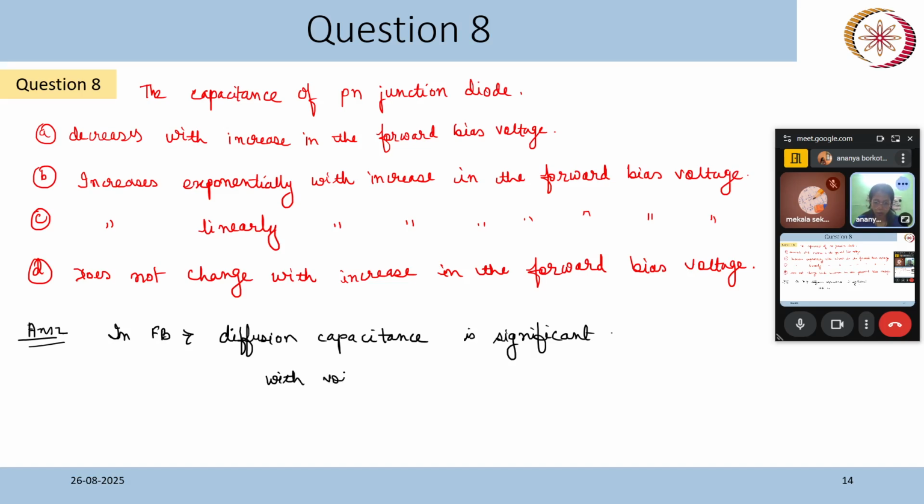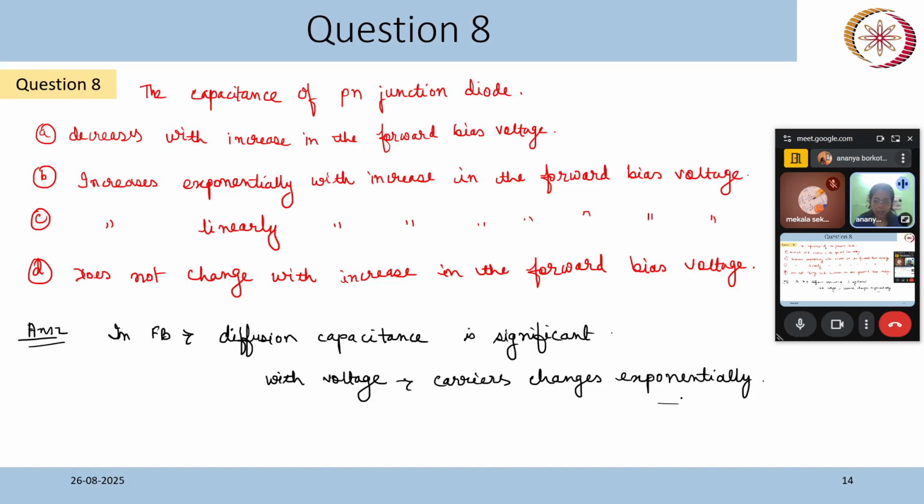With voltage, that is forward bias voltage, carriers change exponentially. Okay.